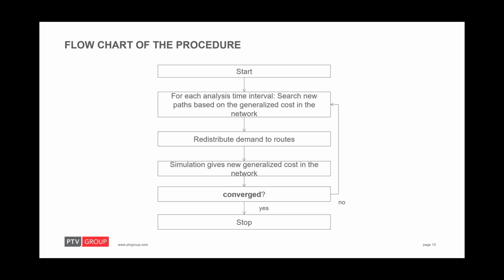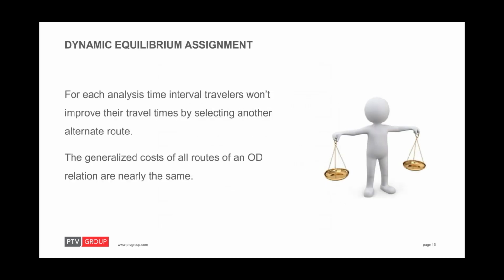Then these path flows are tested for convergence. If the solution has not converged, it's sent back into, again, searching for new paths or routes in the network. And then the same process of redistribution of flows is carried out iteratively till some convergence criteria is achieved. And once that's achieved, we go to the end of the simulation.